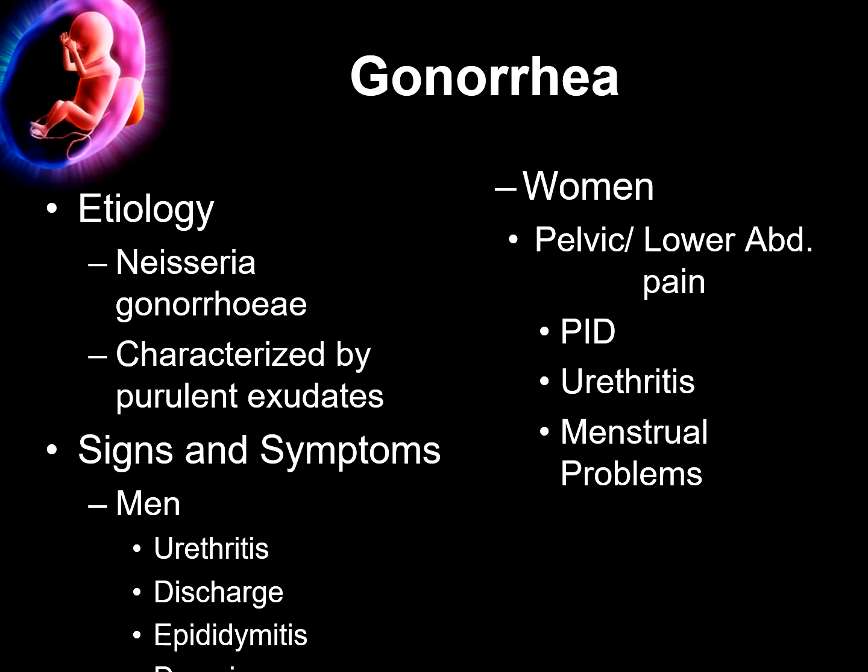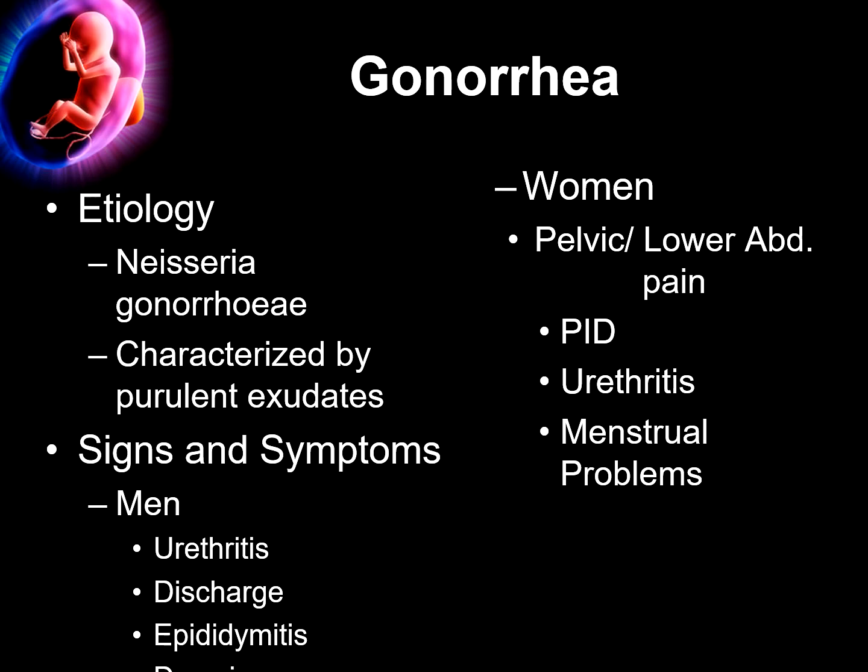Gonorrhea is caused by Neisseria gonorrhoeae. It's characterized by purulent exudates. The signs and symptoms for men are urethritis, discharge, and epididymitis. For women, pelvic and lower abdominal pain occurs.